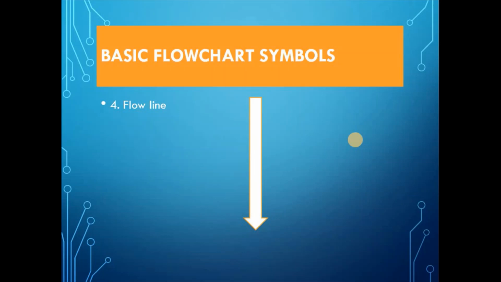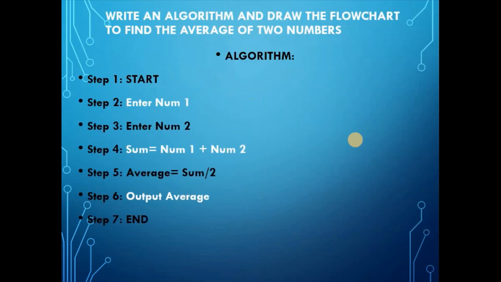The input is whatever number or information that we are collecting in the first case, while the output would be the result based on the information that was collected. The third symbol is the process, and that is used for calculations. And then our final symbol is the flow line, which is used to connect each of the other symbols together throughout the problem solving process.